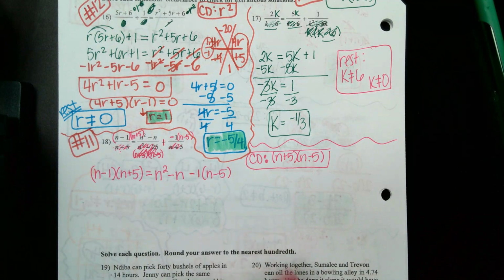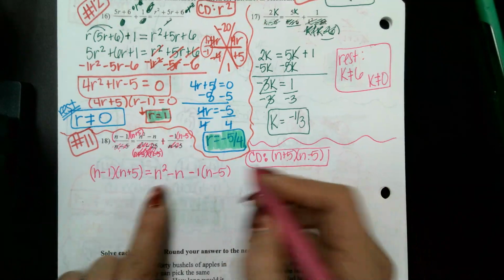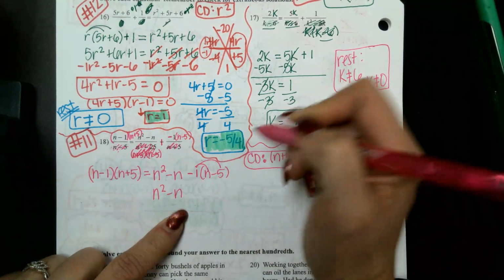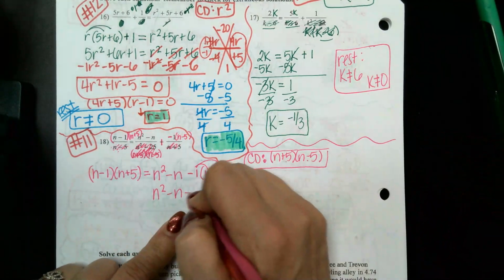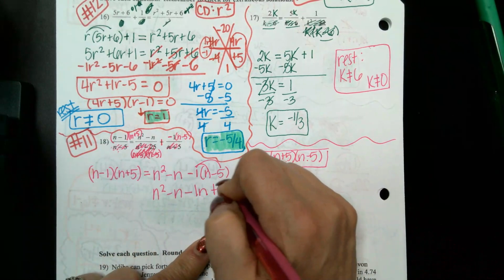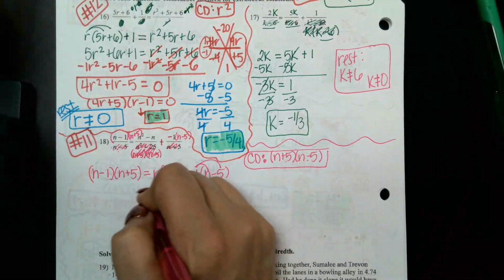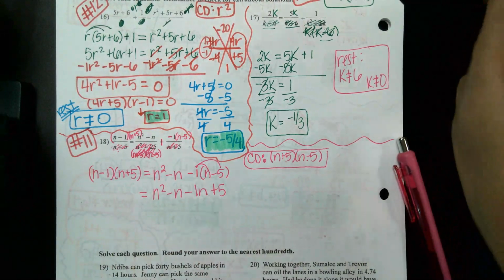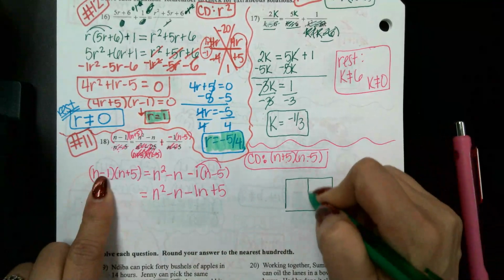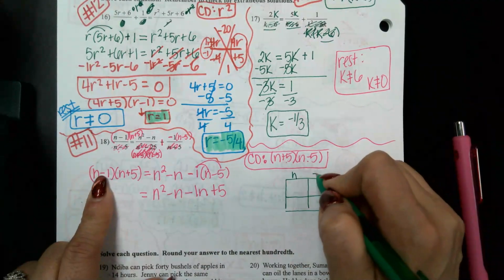All right, so let's work this stuff out. This side's easy. Let's just go ahead and knock this side out real quick. If we distribute here, -1 times n is -1n, and -1 times -5 is +5. I am going to go over to the side and do a box for the n minus 1 and the n plus 5.